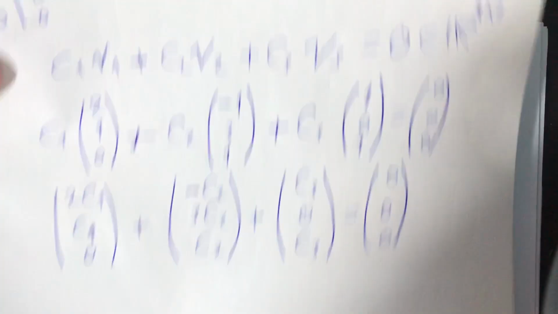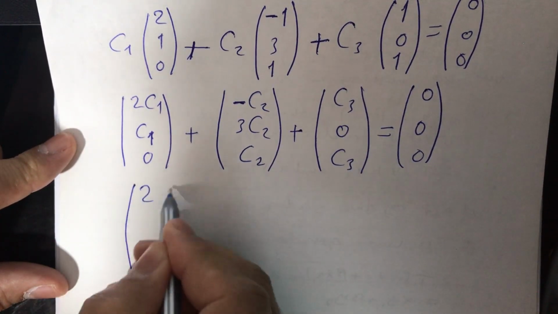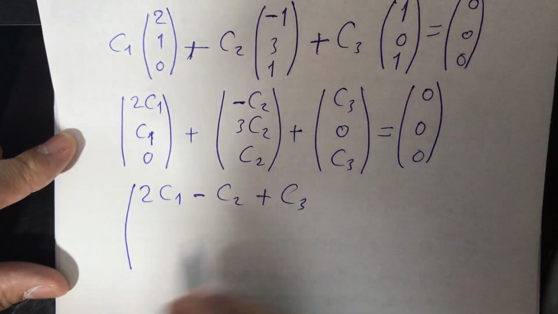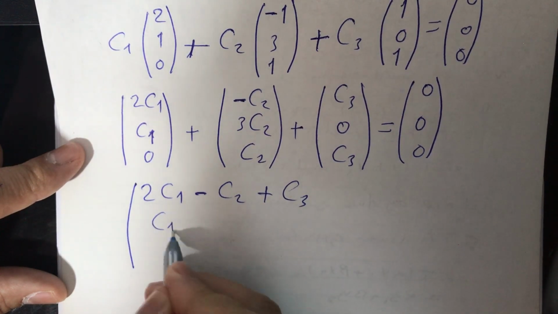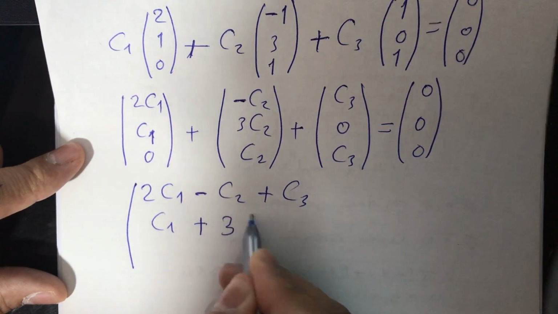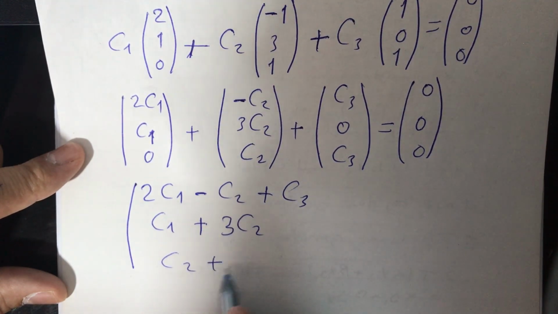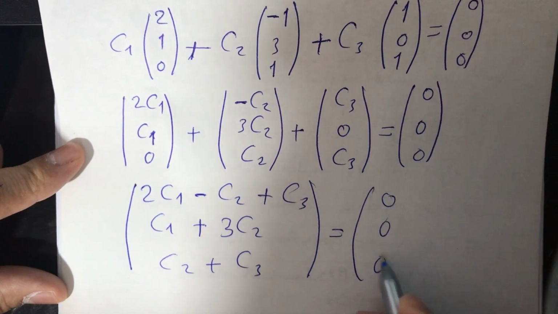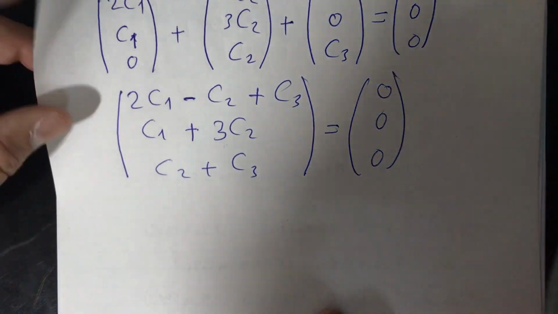Now we sum these vectors: 2c1 minus c2 plus c3, and here c1 plus 3c2, and here c2 plus c3, equal to (0, 0, 0). And now we move it to equations.